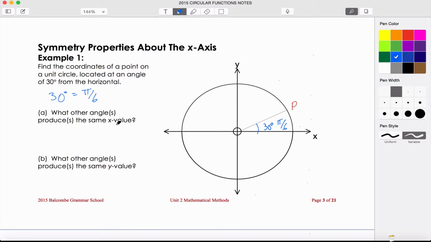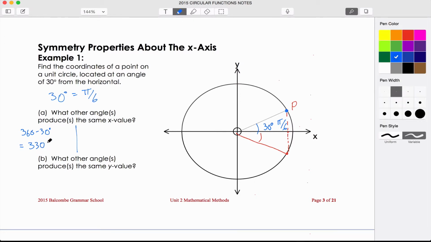What other angles produce the same x value as we have here? We've got this x value, which would be the same as this angle here. And to find this angle, if we're using degrees, it would be 360 minus 30 degrees, which is 330.